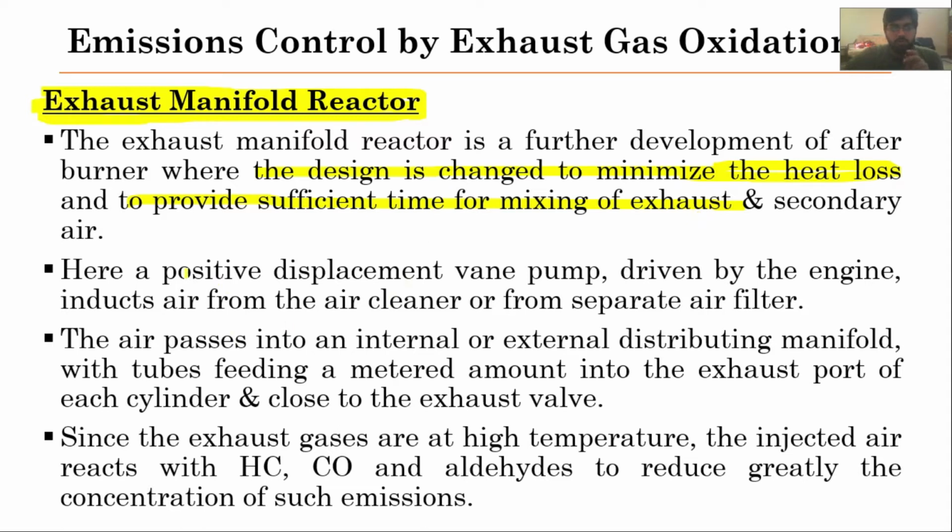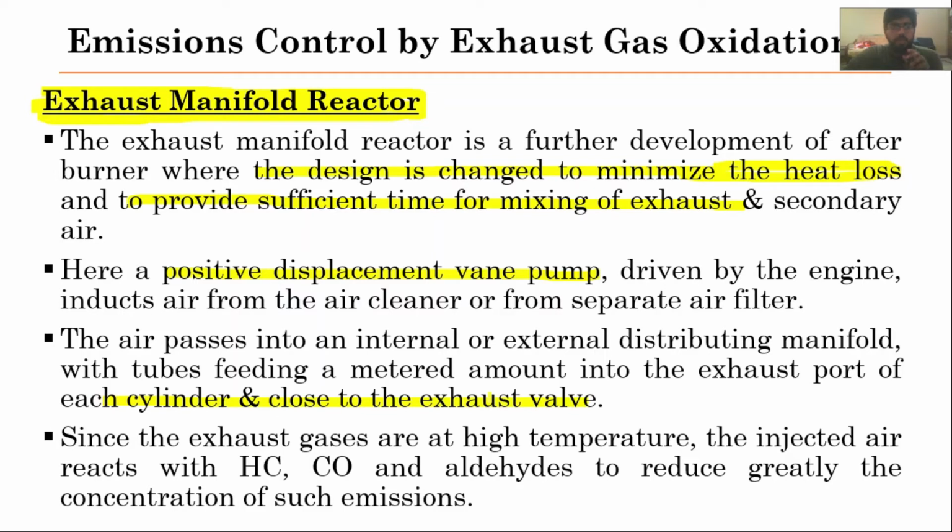For that purpose, a positive displacement vane pump which is driven by the engine is used, and it is inducting the air. It is introducing the air which is coming from the air cleaner, and the air passes into the internal and external distributing manifold with tubes feeding a metered amount to the exhaust port of each cylinder, close to the exhaust valve.